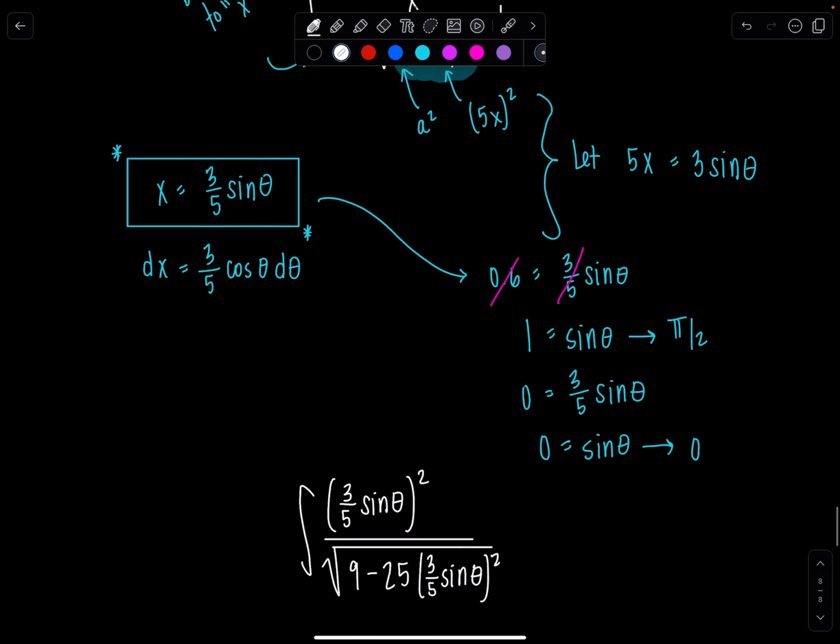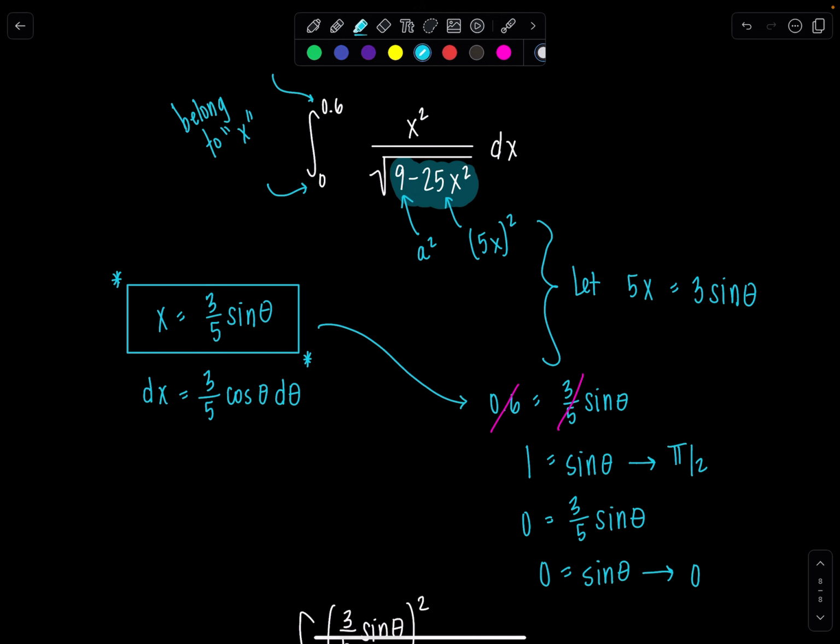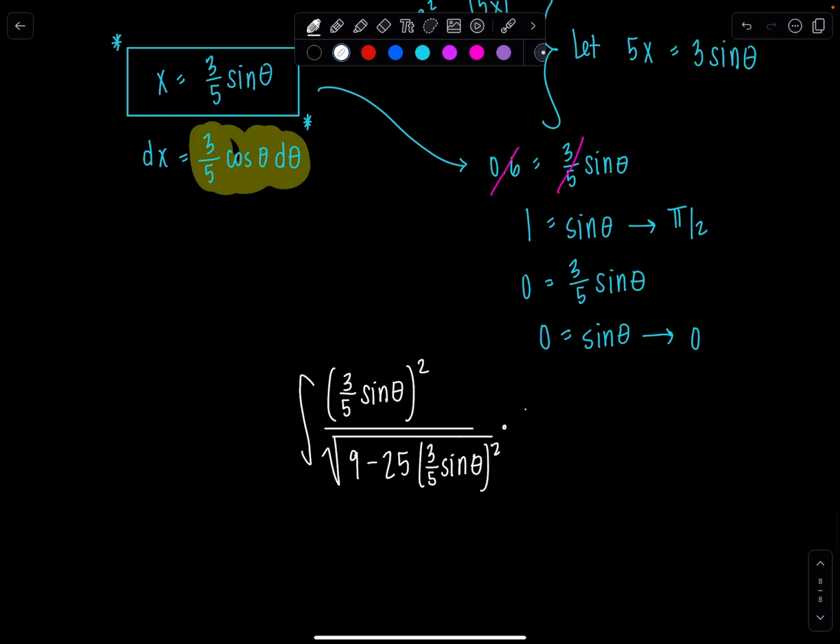And then we're not done. dx right here, what's dx equal to? 3/5 cosine theta d theta. So add that on, and then I have our new limits of integration. They go from 0 to pi/2.